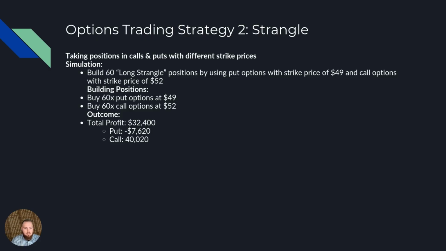The underlying asset price moved well above this, which resulted in our $40,020 profit with the calls, and the negative profit and loss on the put options brought it down.